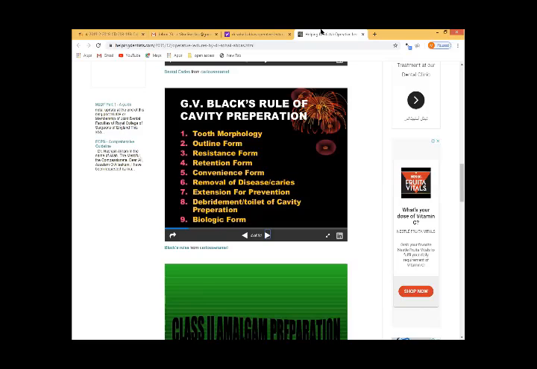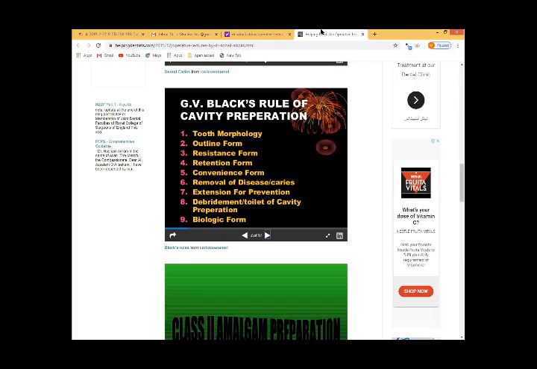So when we are making a class 2 design on any tooth where there is no involvement of disease on the occlusal surface, even then we have to make a full class 1 cavity and then join it with the proximal surface cavity. A class 2 cavity cannot be considered complete unless we involve all the pits and fissure caries and make a class 1 design on the occlusal surface, joined with the class 2 design on the proximal surface.